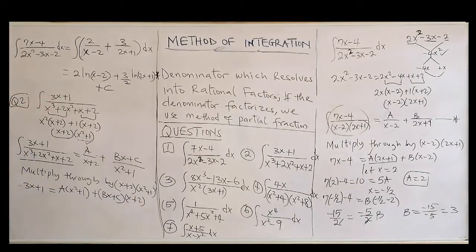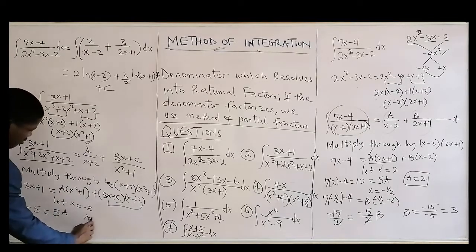So that's what we have. We can equate coefficients if you want. X can be minus 2 here so that we can get the other values. Let's do that. Let x be equal to minus 2. So this will go. This will give me minus 6 plus 1, that's minus 5. And this will give me 4 plus 1, that's 5a. So a is minus 1.